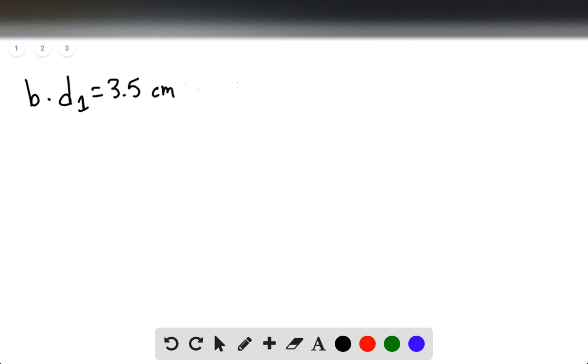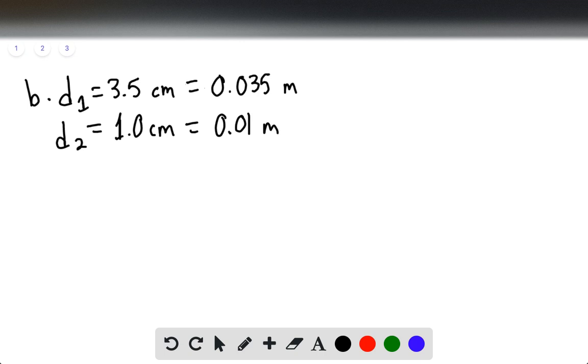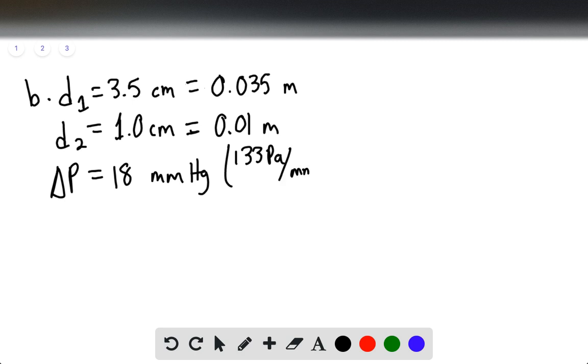So this will be equal to 0.035 meters, and then D sub 2 is equal to 1.0 centimeters or 0.01 meters. And delta P is going to be equal to 18 millimeters of mercury, and we're going to multiply this by 133 pascals for every millimeter of mercury. So we can get 2,394 pascals.